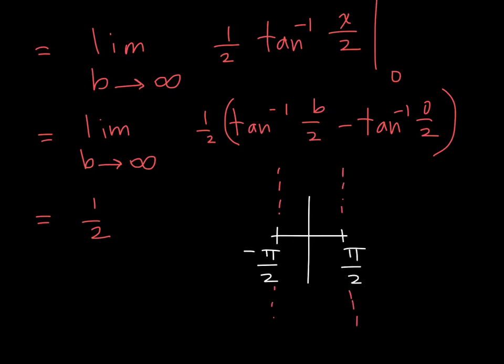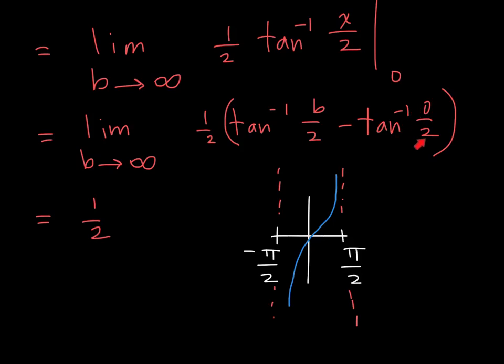Let's not forget that tangent is undefined at pi over 2 and negative pi over 2, any odd multiple of pi over 2. So you should see that as your angle gets infinitely close to pi over 2 on the left, then the function values are approaching infinity. And that's exactly what this is approaching. As b goes to infinity, this is approaching infinity. So the angle whose tangent value is approaching positive infinity is pi over 2. So the answer here is pi over 2.